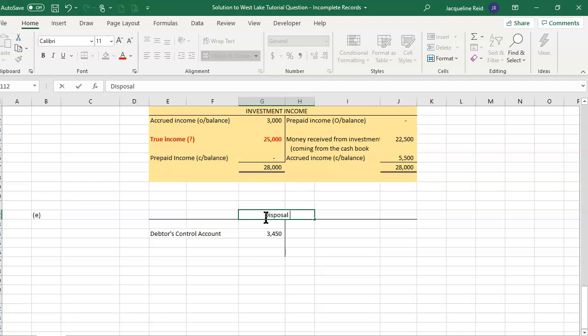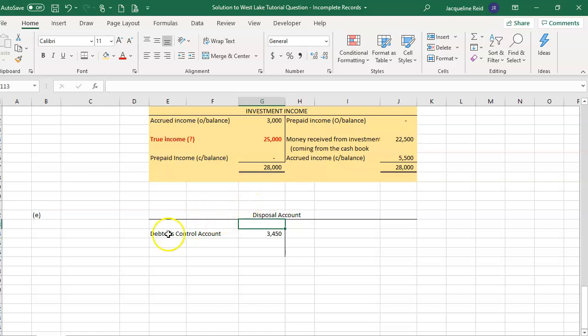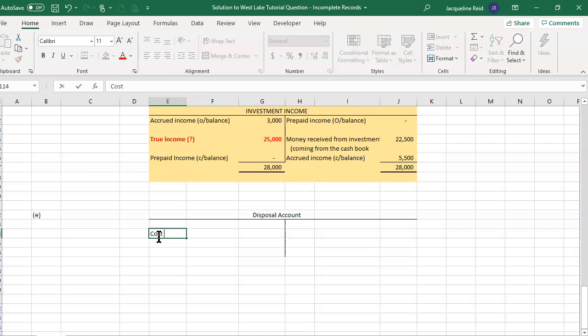Let us see what goes into a disposal account when you are making a sale of an asset. The first thing that you're going to put in your disposal account on the debit side is the cost or net book value of the asset being sold.